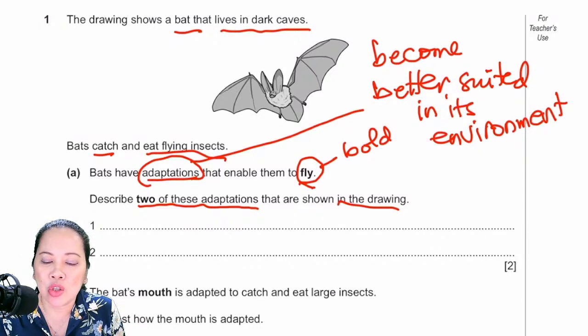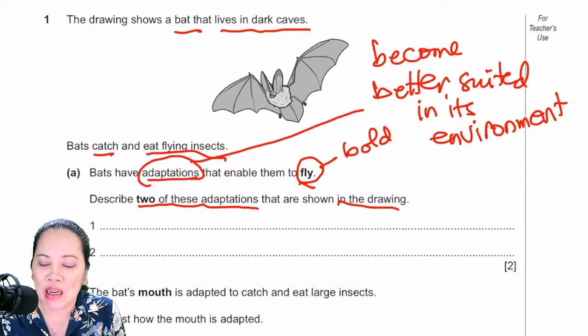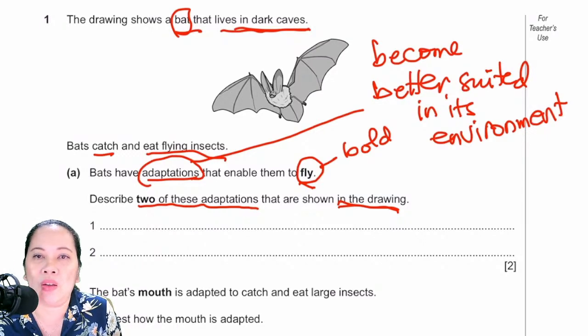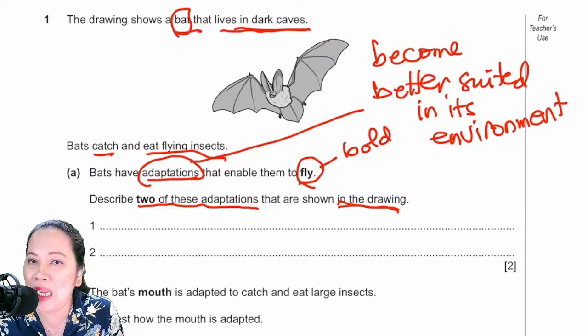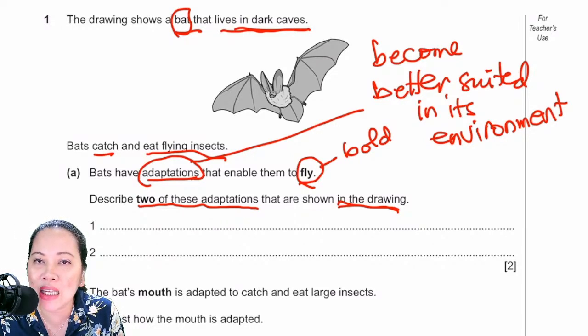All right? So describe two of these adaptations that are shown in the drawing. Now, the drawing shows a bat that lives in dark caves. So, what are the adaptations? Okay, so you can say that it's probably its wings. Bats catch and eat flying insects.